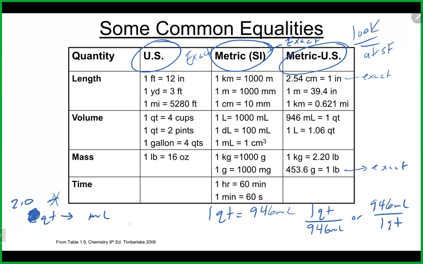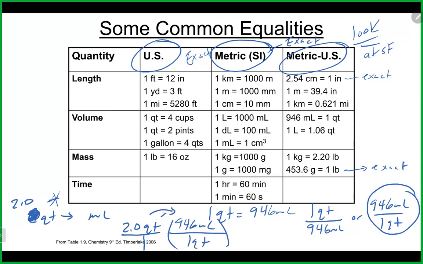I would set my problem up like so, 2.0 quarts, again, doing dimensional analysis. If it helps you, you can put that over 1 and see that the quarts are up on top. That means I would need to use this over here. 946 milliliters is 1 quart. Again, we're going to multiply the top, divide the bottom. The quarts will cancel. That will give us, if we put it into our calculator here, 2 times 946. It's going to give us on our screen there, 1892, I think.